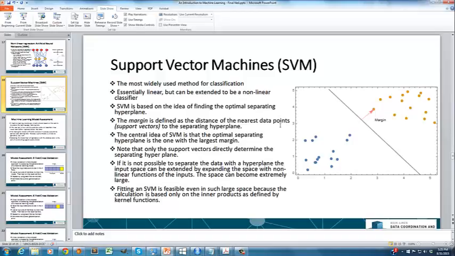Now the margin is defined to be the distance of the nearest data point to the separating boundary. An important property of this is that when you choose the optimal separating hyperplane, the one that has the maximum margin, only the data points which are closest to the boundary actually contribute to that decision directly. These data points are called the support vectors.